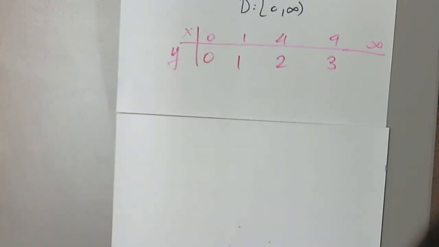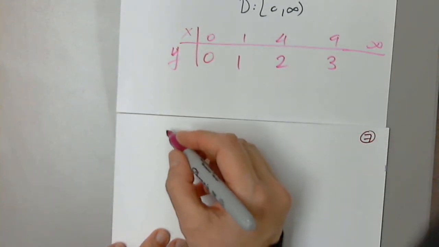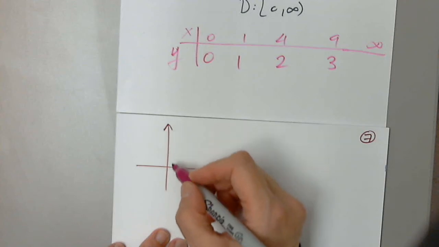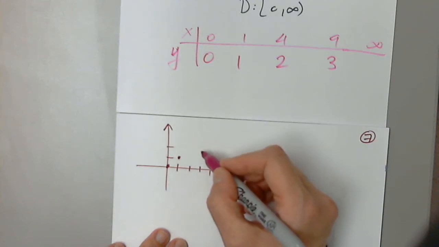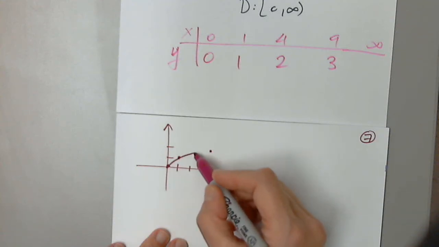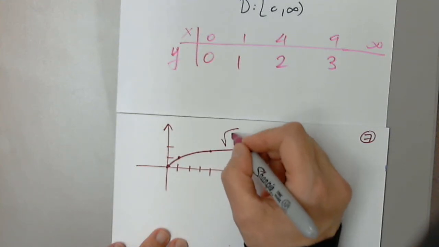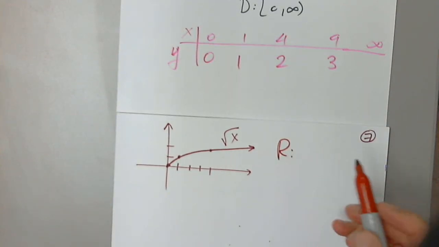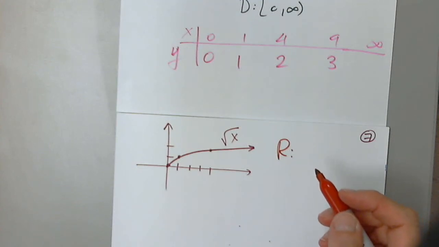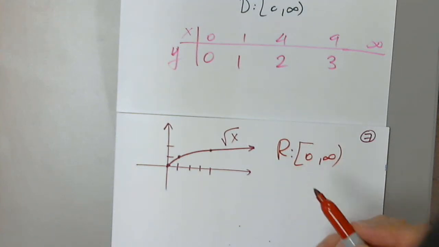It's not a big deal. 0, 1, etc. So this is the square root of x. Can anyone give us the range of the square root of x? Bracket 0, infinity. Very good. Perfect. Any questions on the square root of x?